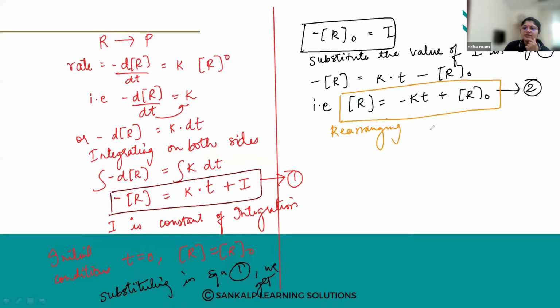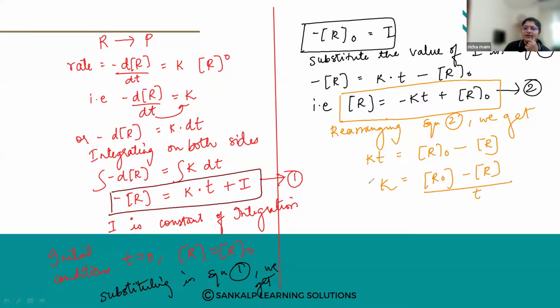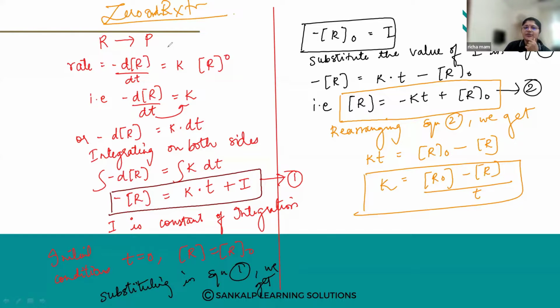Rearranging equation 2, kt I'll take here, so it will be R naught minus R, and k is equal to R naught minus R by t. This is the zero order reaction. If you write this much also, you will get marks, but you have to write properly. Is it clear?